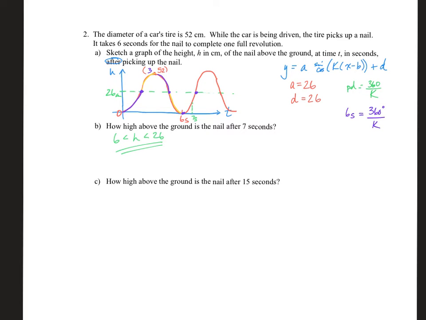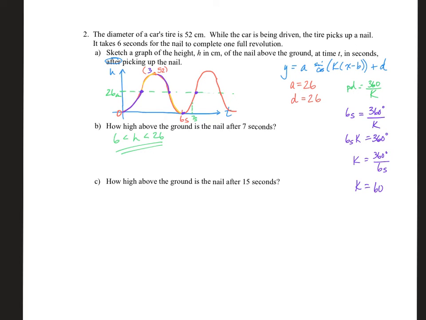If I solve for k, I'm going to have 6 seconds times k equals 360 degrees. And then I divide out my 6 seconds. When I calculate my value, 360 divided by 6, I get 60.